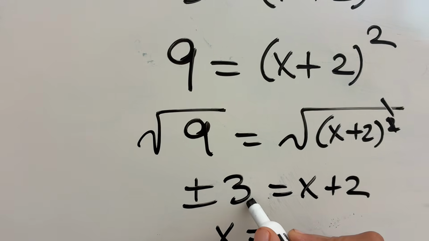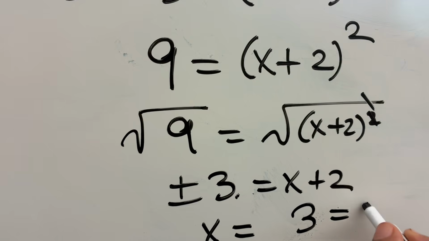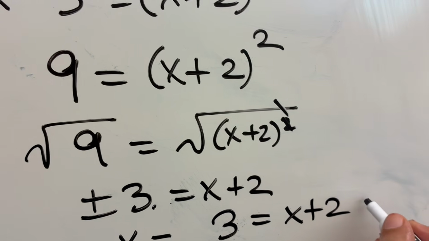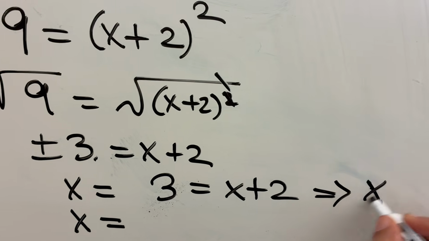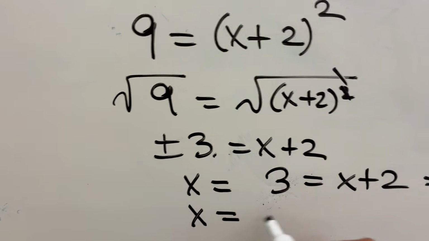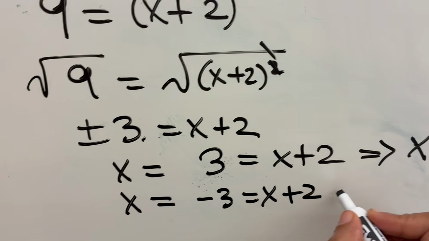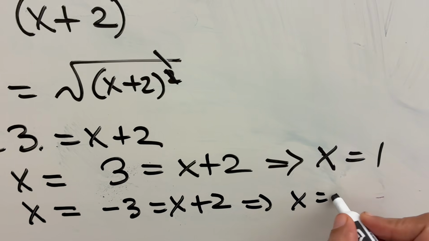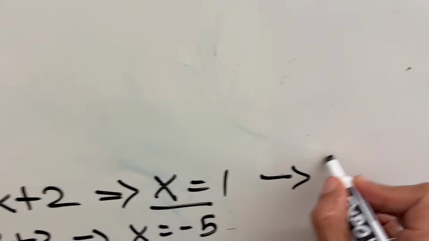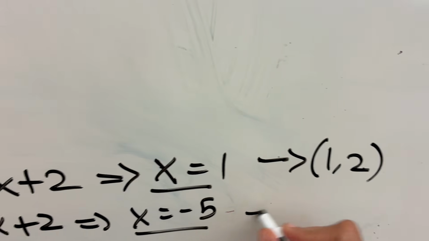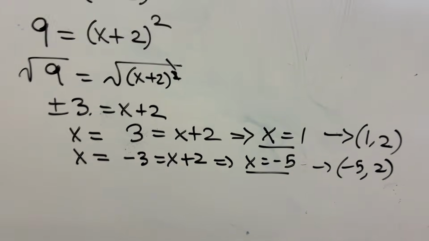When I take it as 3, 3 is equal to x plus 2, which implies x value would be 1. And if I take it as minus 3, minus 3 is equal to x plus 2, I'm going to get my x value as minus 5. Okay. So my new points would be (1, 2) and (minus 5, 2). So now we got the left and right points.